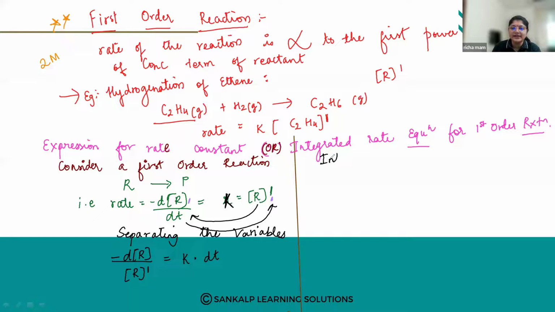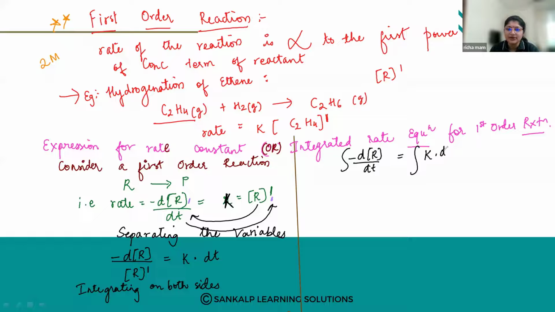Now what is the next step? We are integrating the equation. Integrating on both sides, the integration of minus d[R] by [R] is equal to the integration of k into dt.